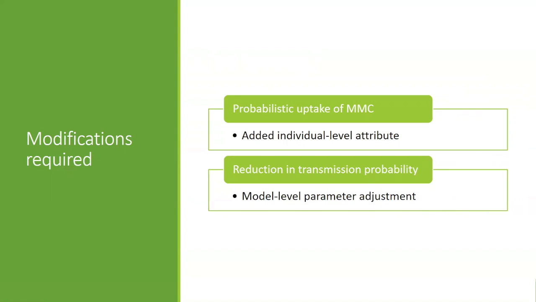We had to add one attribute to individuals, which was essentially their probability of uptake. And then when they enter the population, we flip that coin and label them yes or no. And then what is the reduction in the transmission probability associated with having been circumcised? So that's just adjusting one model-level parameter.